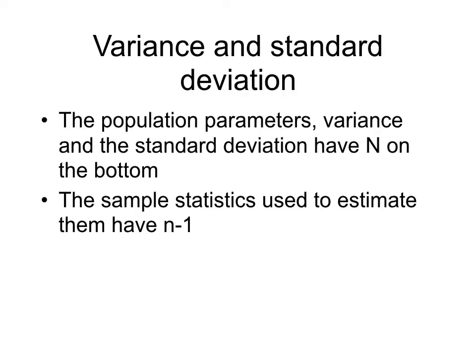That's why we try to estimate it. Parameters describe populations. Statistics describe samples. Population is all the cases of interest. It's a very simple, straightforward definition. And a sample is a subset of the population.